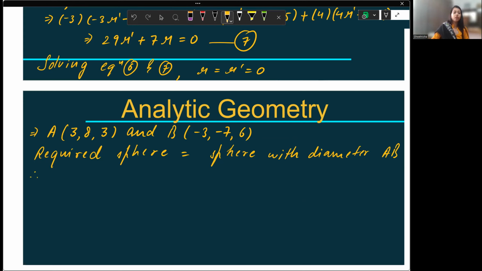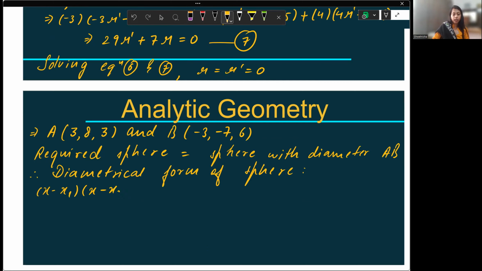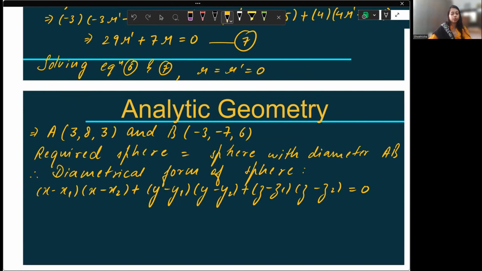Therefore, the diametral form of a sphere is what? (x minus x1)(x minus x2) plus (y minus y1)(y minus y2) plus (z minus z1)(z minus z2) is equal to 0.